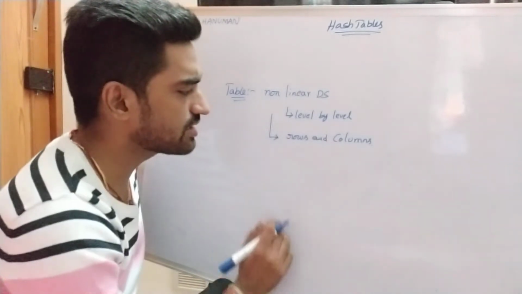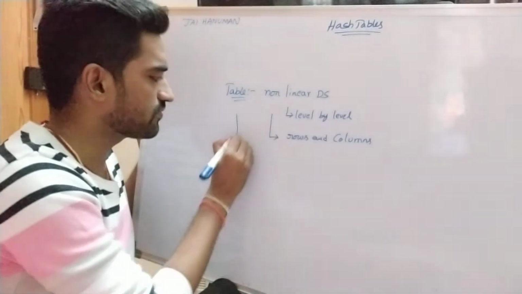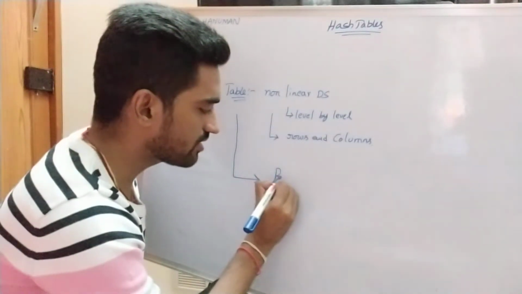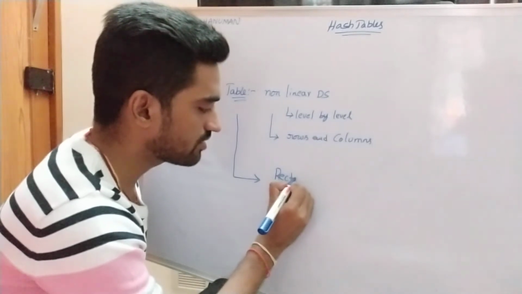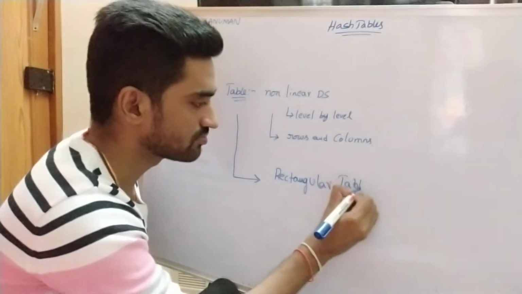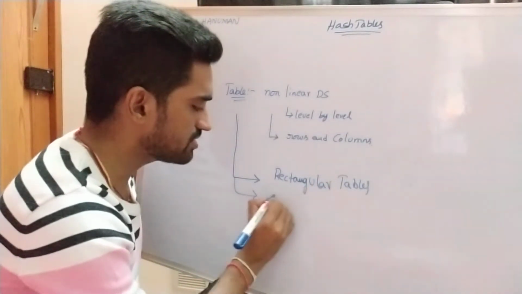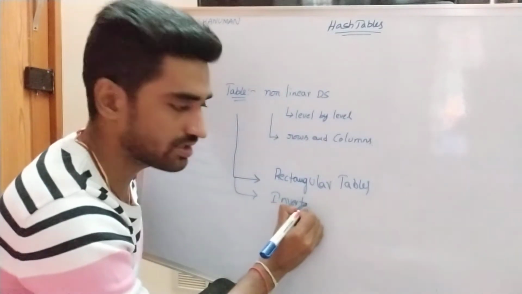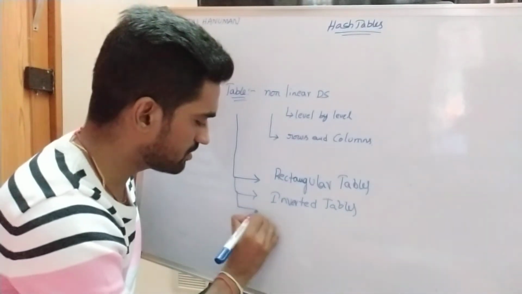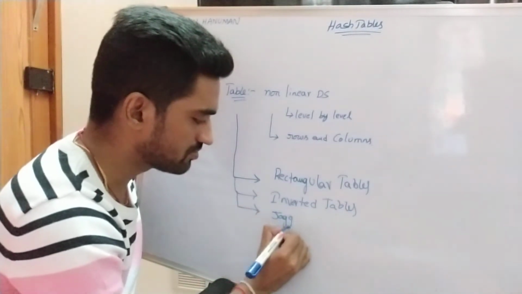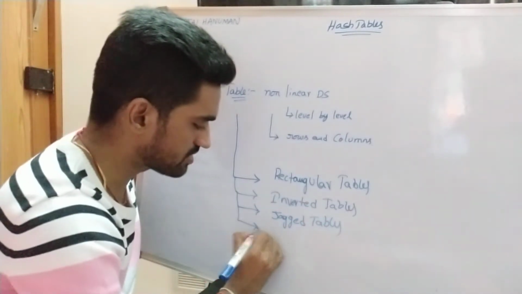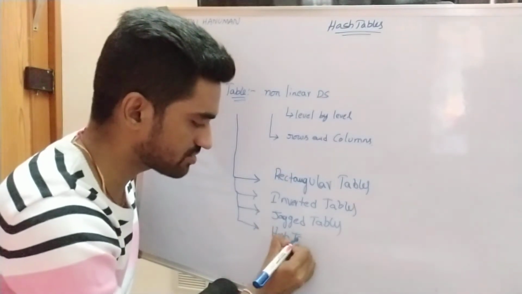So generally, data structure supports four types of tables. One is rectangular tables, inverted tables, jagged tables, and hash tables.